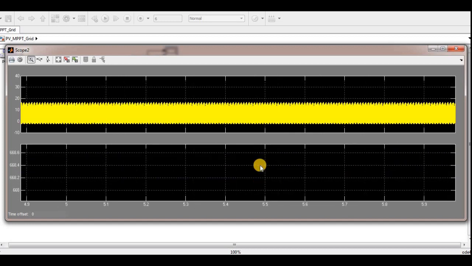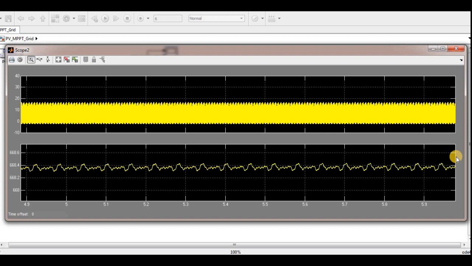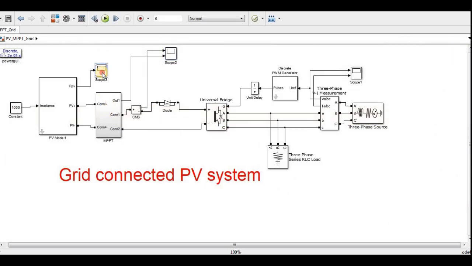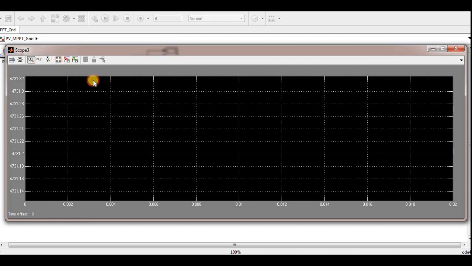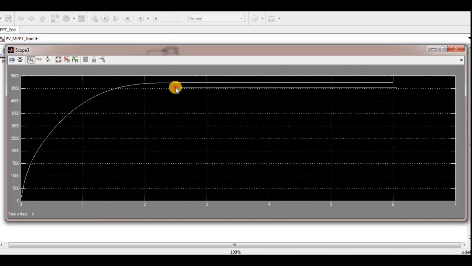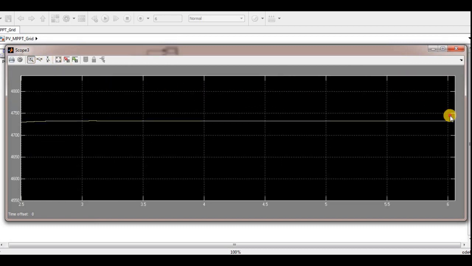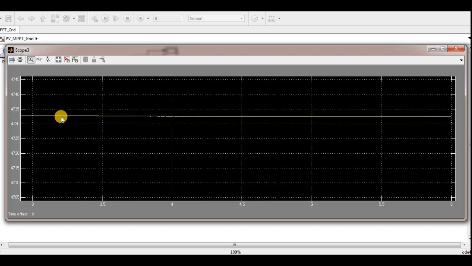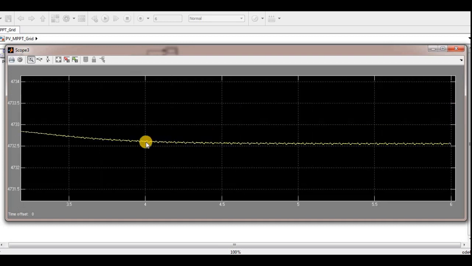See, it is coming nearly 668. The MPPT is tracking the maximum power, and let's see how much we can get: 4732, I mean 4.73 kilowatt.